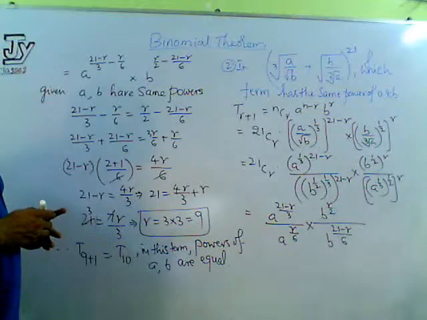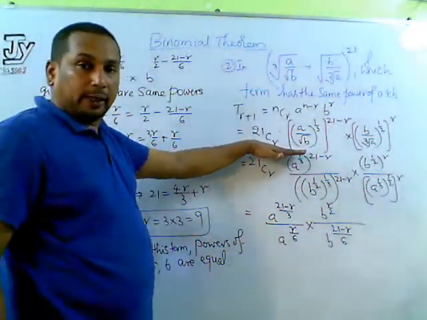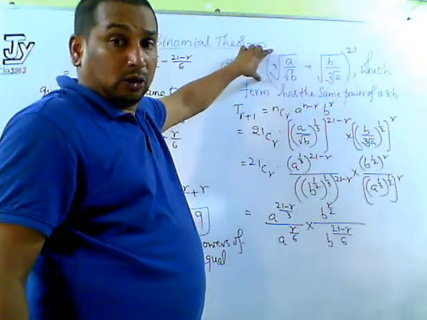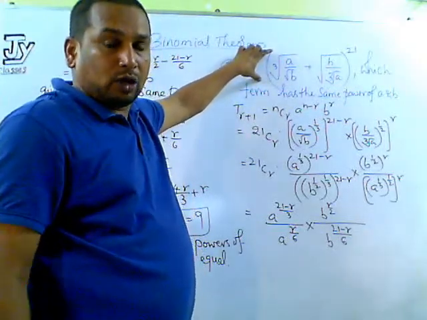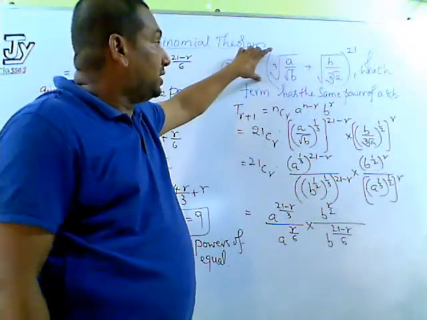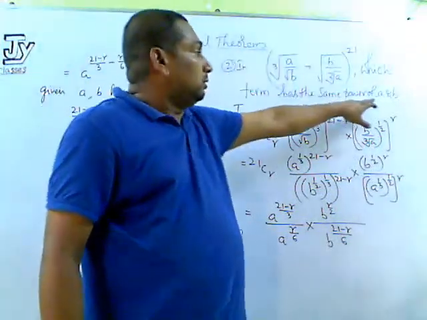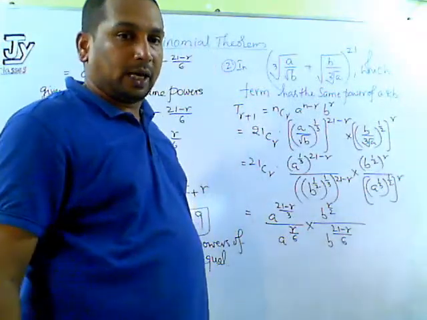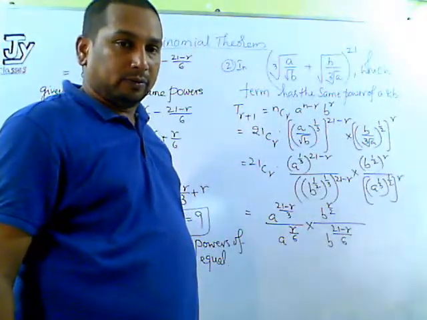Okay, so don't feel it's a difficult question. Up to here it is only the binomial theorem. What is the question? In this expansion, a total of 22 terms will come. So among all 22 terms, which term has the same powers of a and b? That's the question.